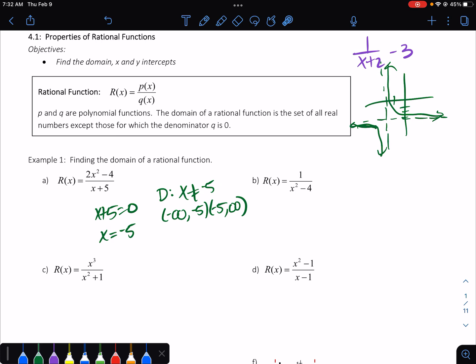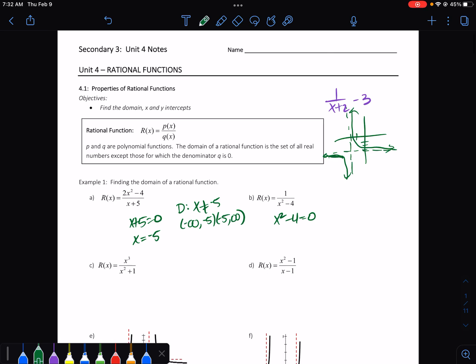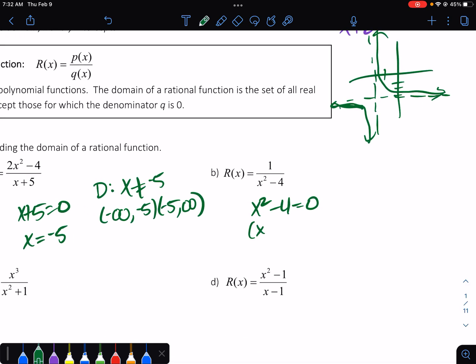If we look at this one, it is quadratic. Now to solve a quadratic, we know that you can factor it, or you can use the quadratic formula or completing the square. This one is factorable. It's a difference of squares. So if I set x squared minus 4 equal to 0, we are multiplying to -4 and adding to nothing. So that's 2 and -2.